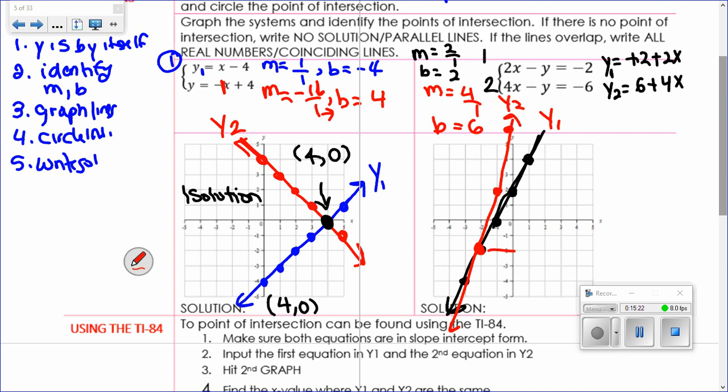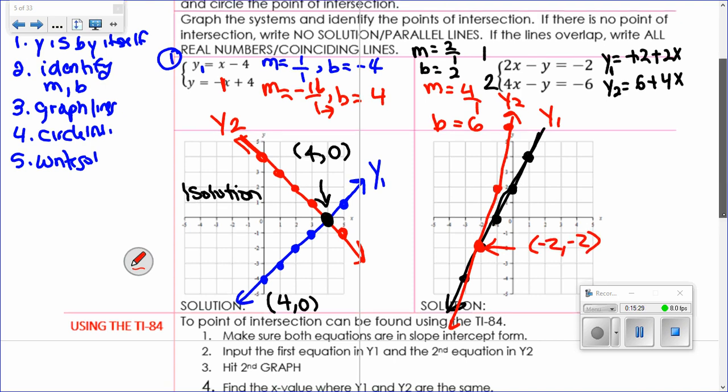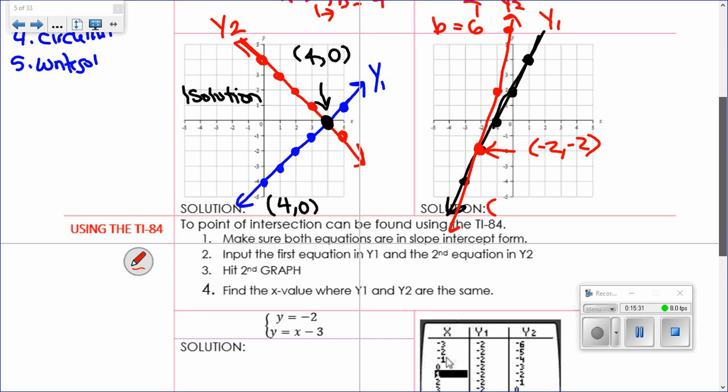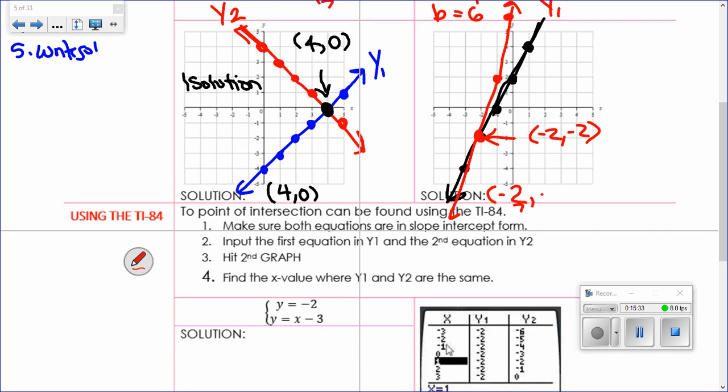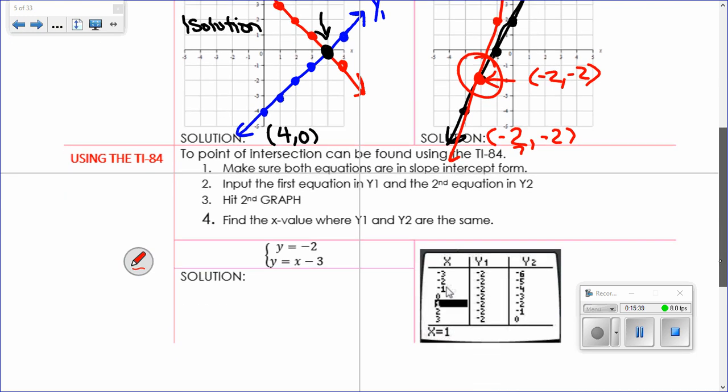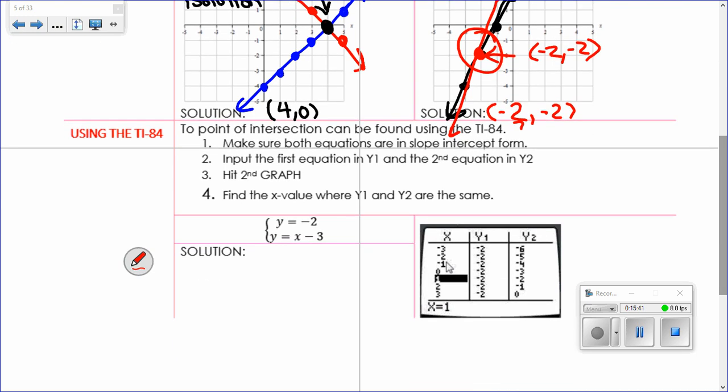Here's my intersection. That's at -2, -2, and it's a one solution type of intersection. So I'm going to come down here and write -2, -2, circle my intersection, and you're done. The next section is about using the TI-84 to find these solutions or intersections.